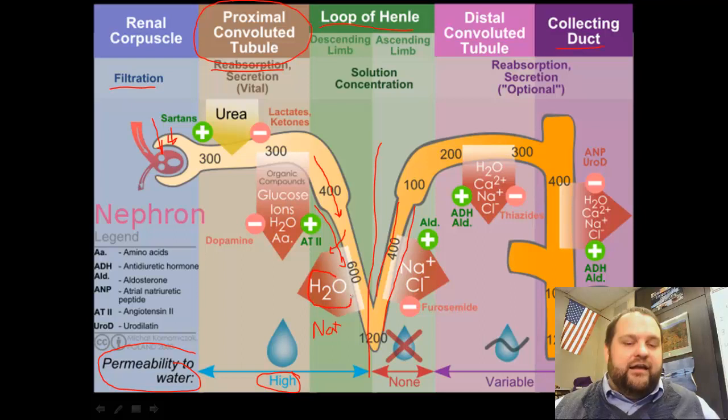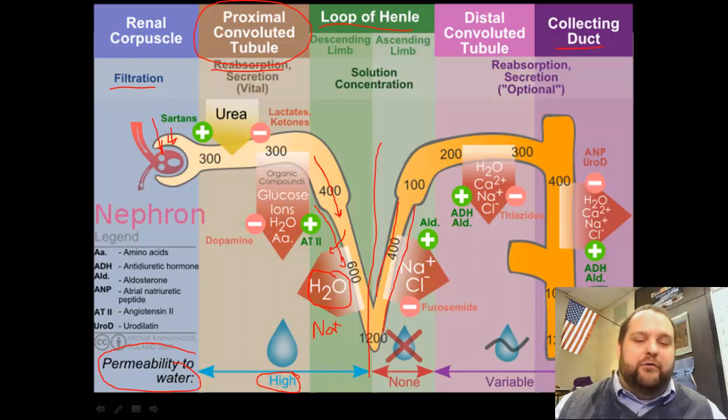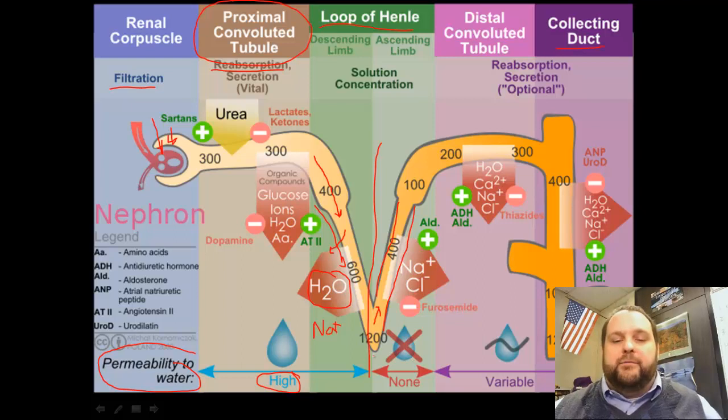We can see that here. It's going to pull more and more water out. Well, after it gets down here and starts going up the ascending loop, because we're going up again, it's no longer permeable to water. So water should want to come back into it from here, but it doesn't because these walls are impermeable to water.